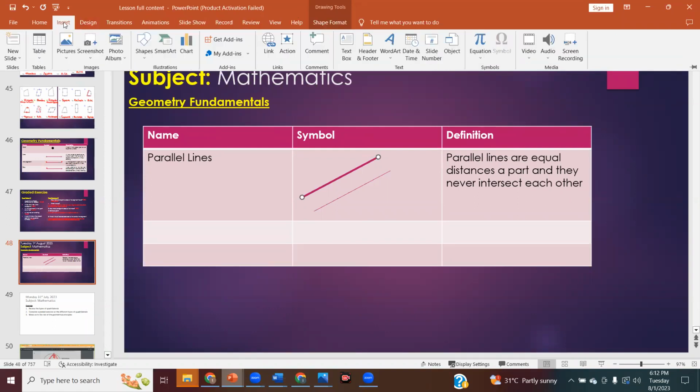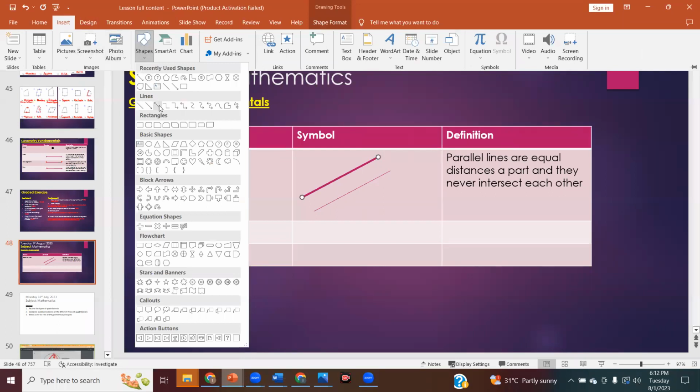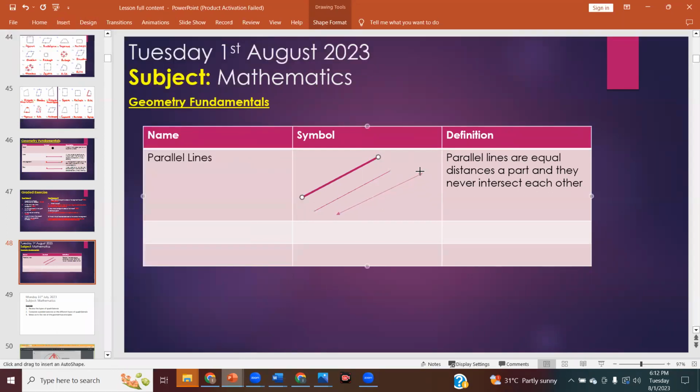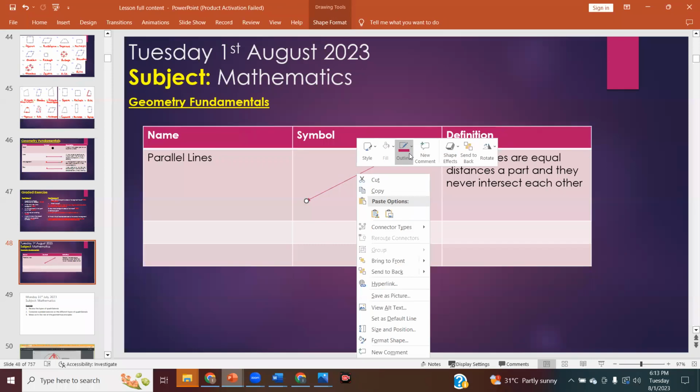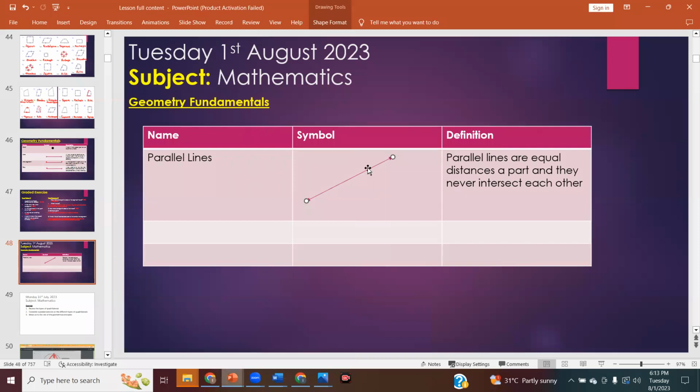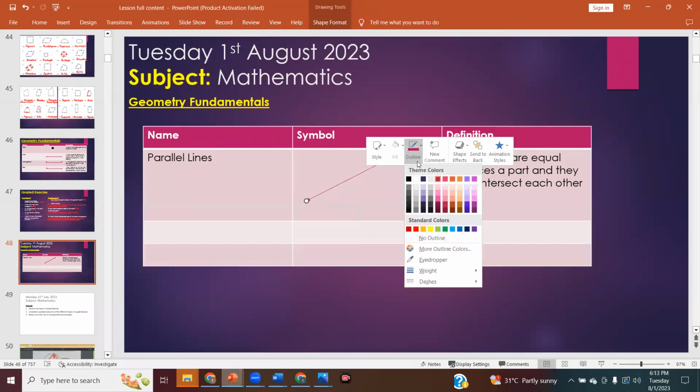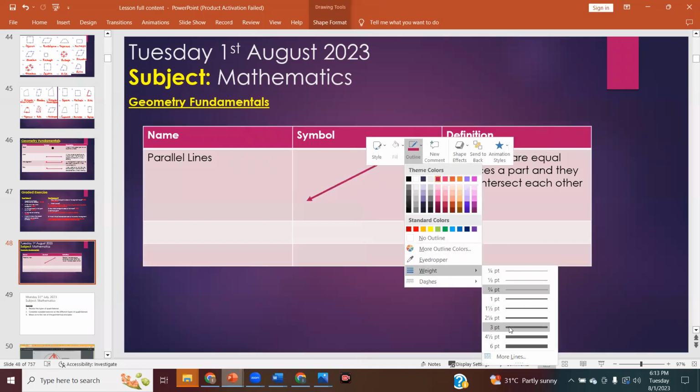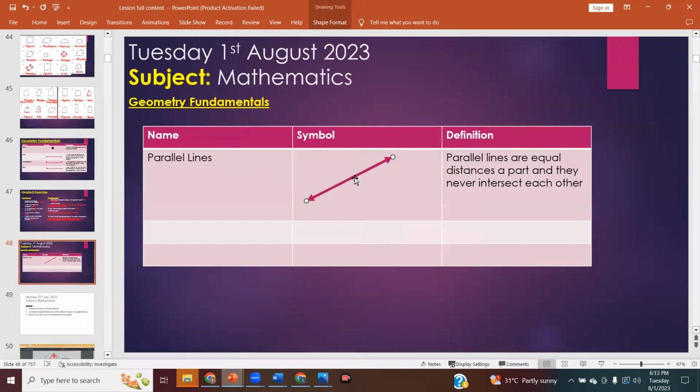That's very important. So these two lines are parallel lines.